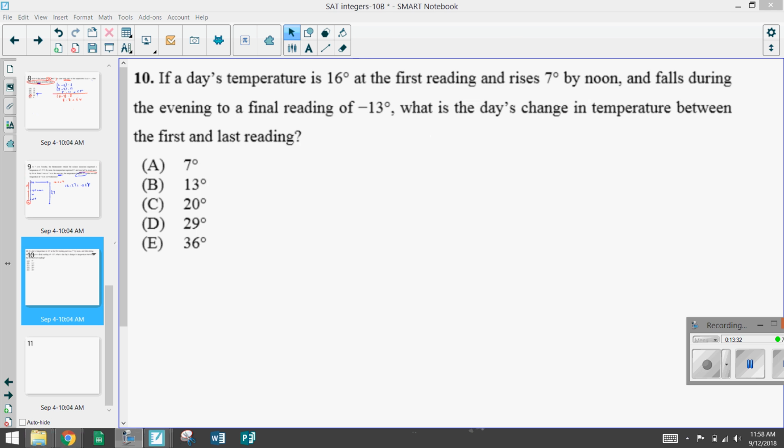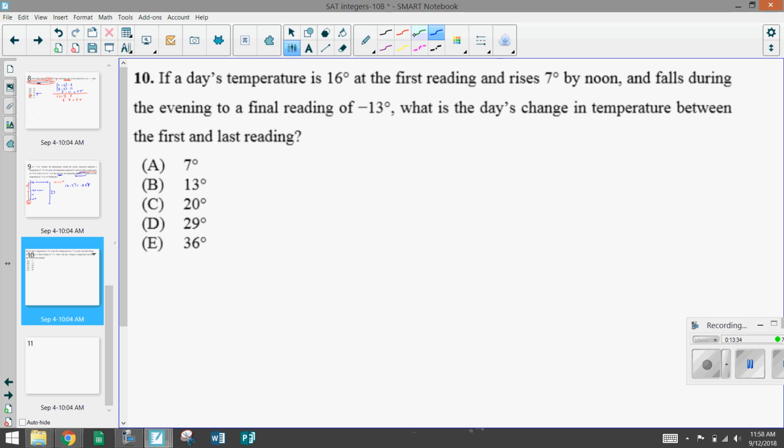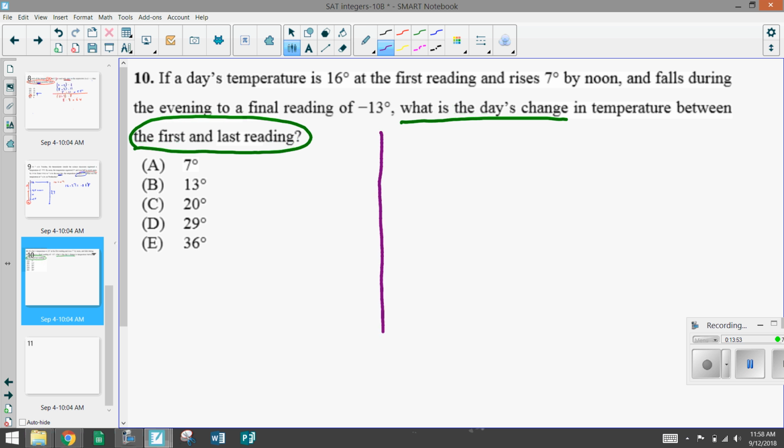What was the first step? What is the day's change in temperature between first and last reading? Okay, if a day's temperature is 16 degrees at the first reading, all right, 0 here, 16 here at first.